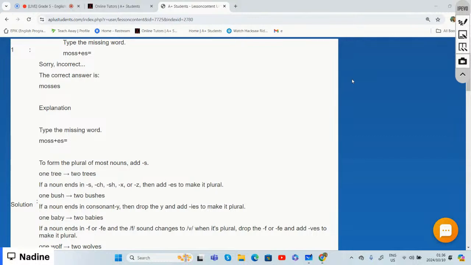And if we look at the meaning of mosses, it's a small, non-vascular flowerless plant.